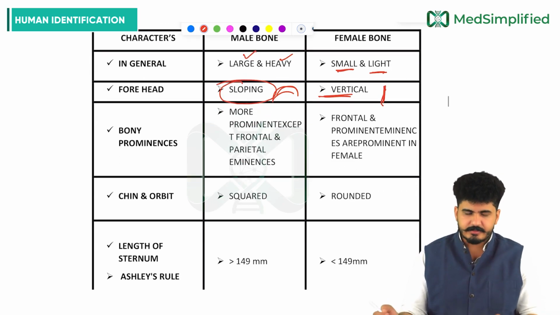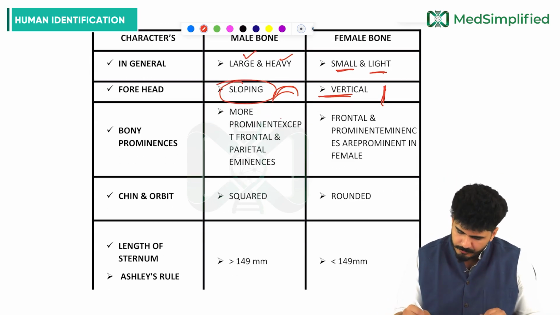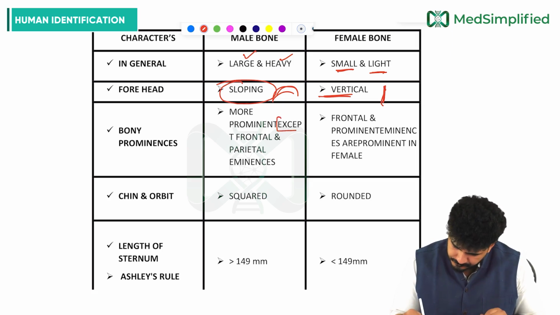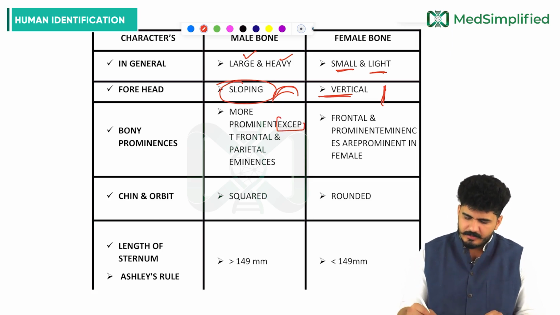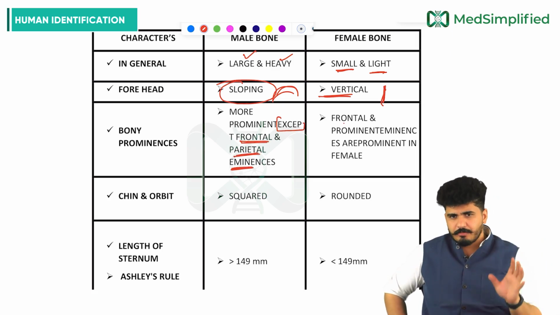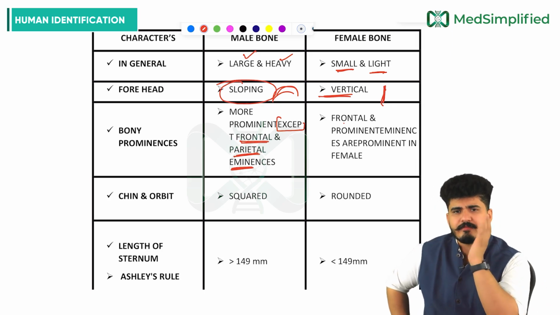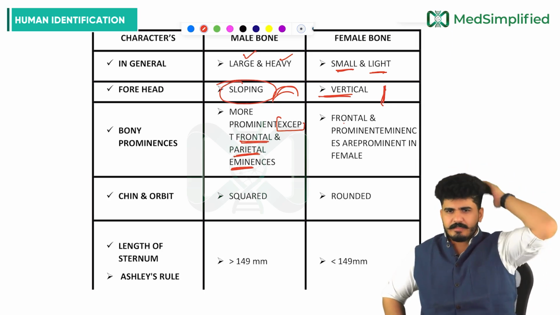Bony prominences: in the male, bones are more prominent except the frontal and parietal eminences. All the bones are prominent except the frontal and parietal eminences.